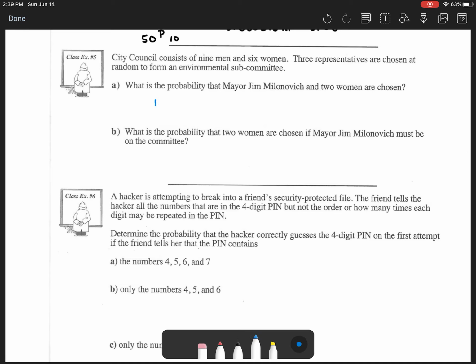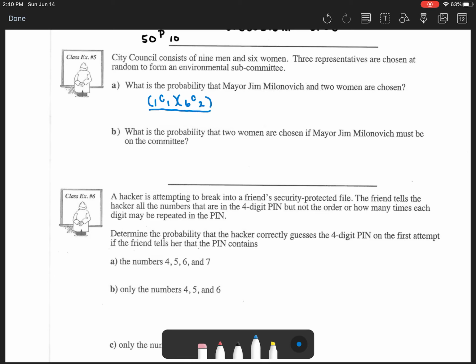So we saw this with combinations before. There's one Mayor Jim, and I'm choosing him, so he's on the committee. Okay, then what am I going to do? Well, I'm going to have 6 women, and I have to choose 2 of them. Okay, so there we go. There is the number of ways that that can happen.